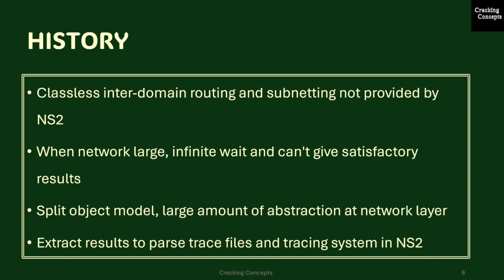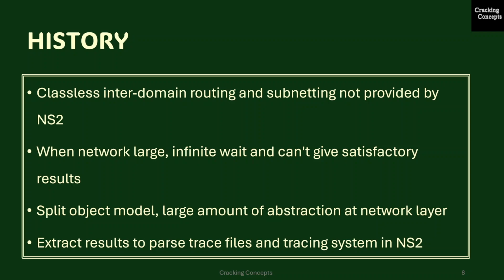Now we'll see some of the disadvantages of NS2. Classless inter-domain routing and subnetting are not provided by the NS2 simulation. When the network is too large, that is when the number of nodes increases, NS2 cannot give satisfactory results for such large simulations. It has a split object model which consists of OTCL and C++ and the use of TCL.